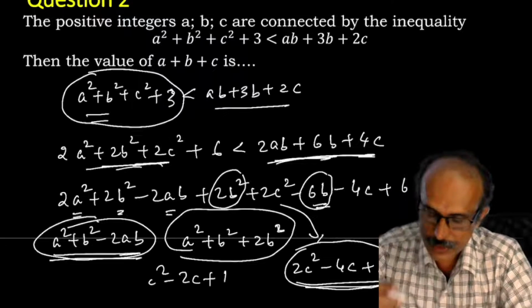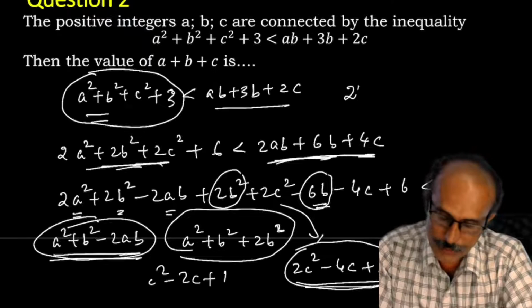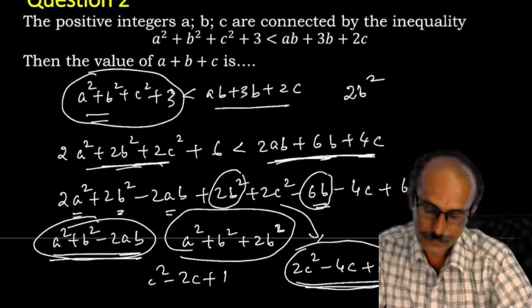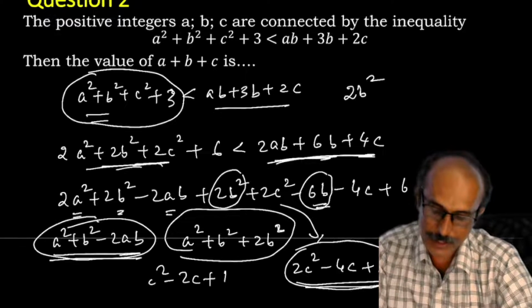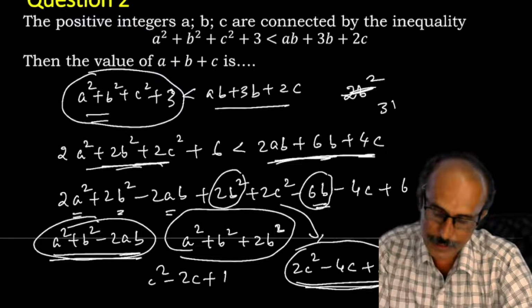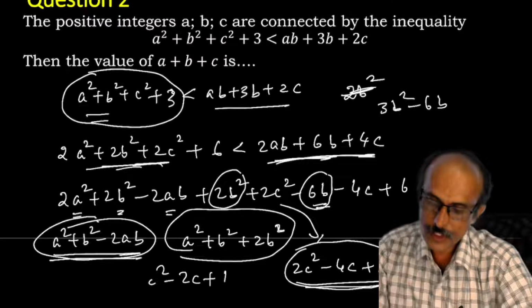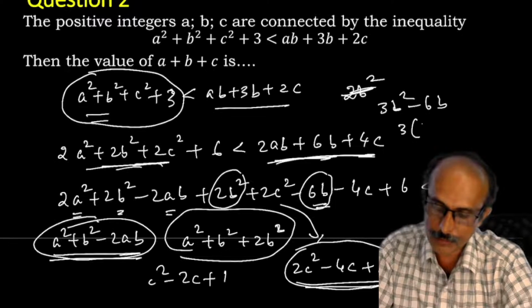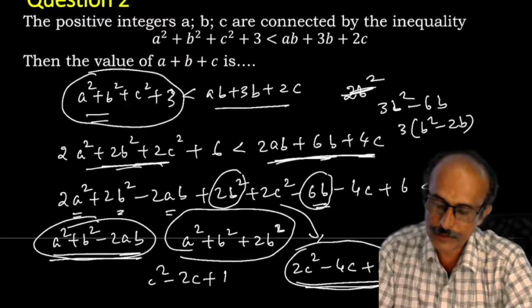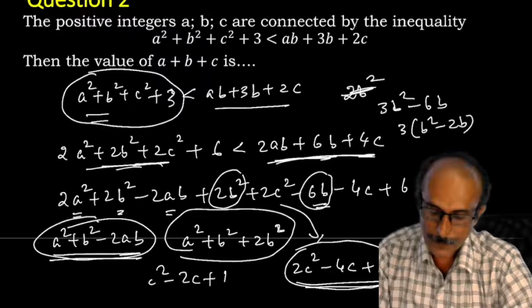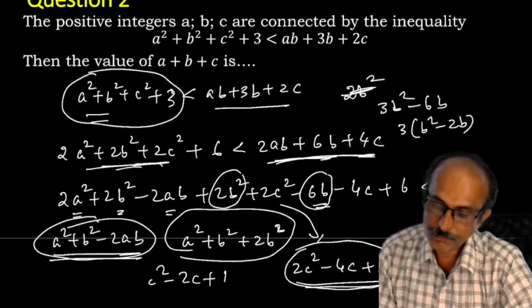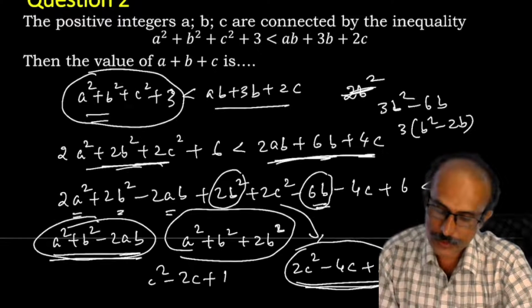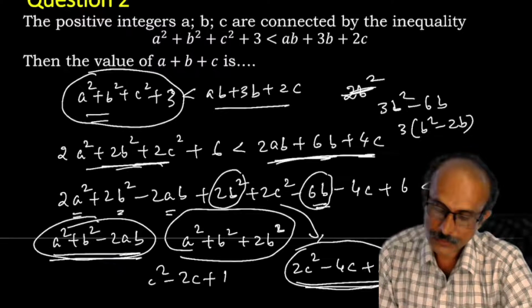If you write it as 2b square plus 3b square, so 3b square minus 6b is there. So we can take 3 out, b square minus 2b, right? Some additional terms you have to introduce. So how do we do that?